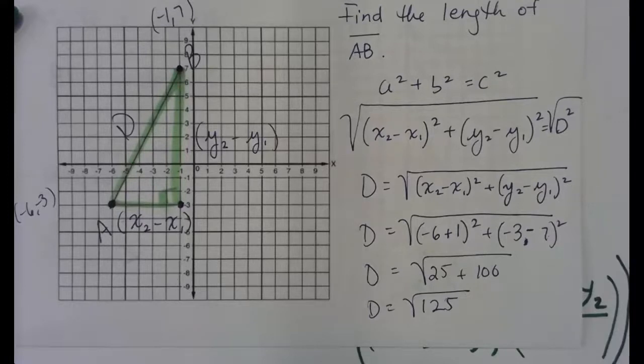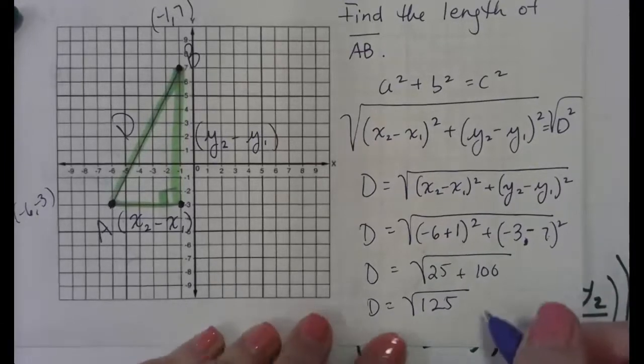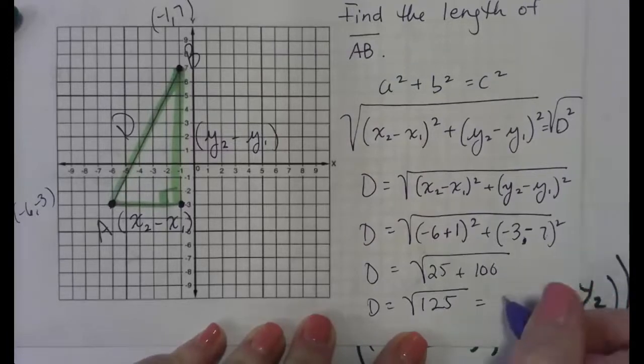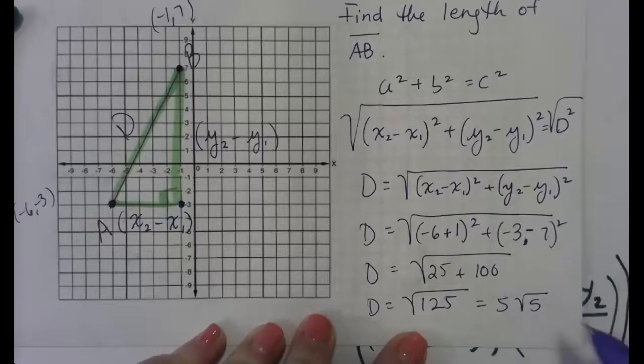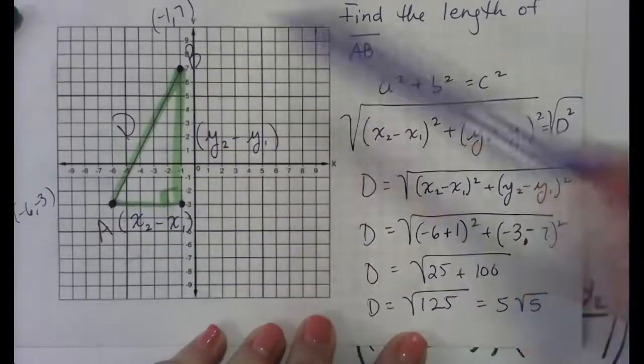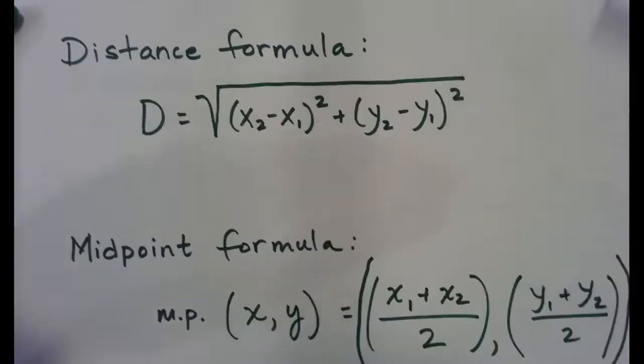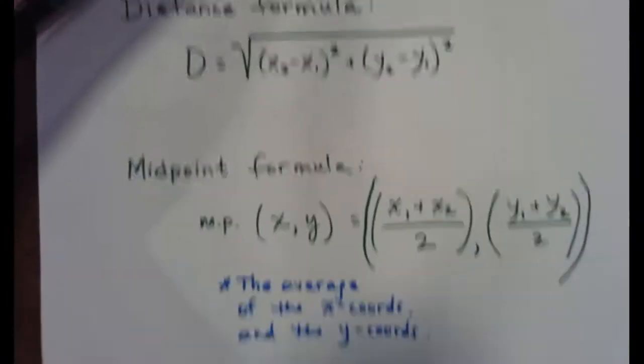I always want everything in simplest radical form if it is humanly possible. When we simplify the square root of 125, that's 25 times 5, so we end up with 5 root 5. So the distance from A to B is 5 root 5. So that is using the distance formula and where it comes from.